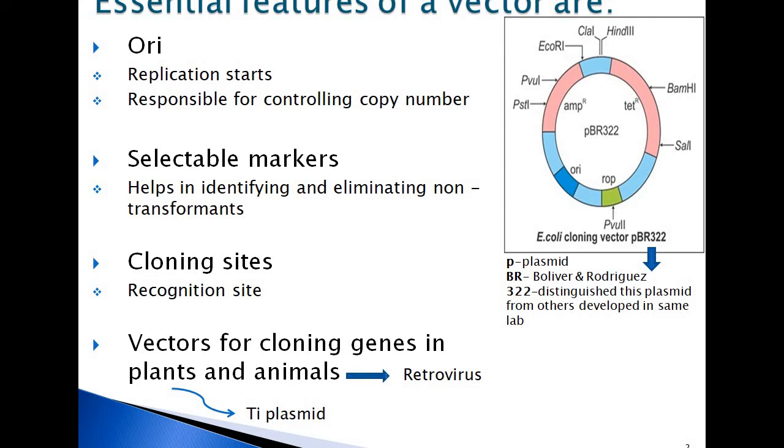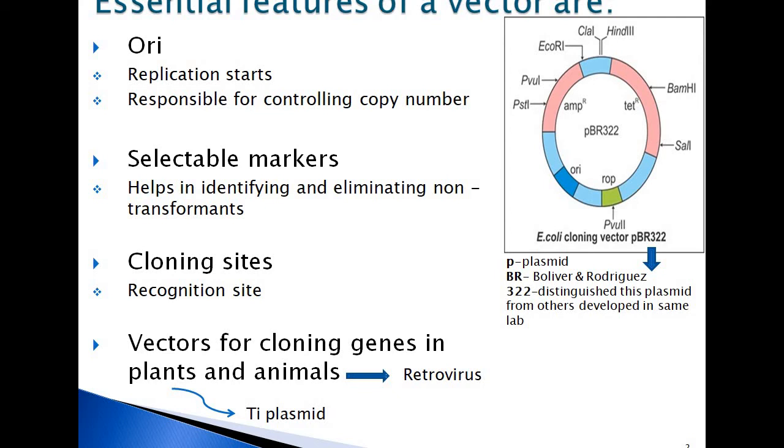The process by which a piece of DNA, or say the gene of interest, is passed into the host organism, that is bacteria, is called transformation. I hope you are now clear on these three terms: transformation, non-transformants and transformants.